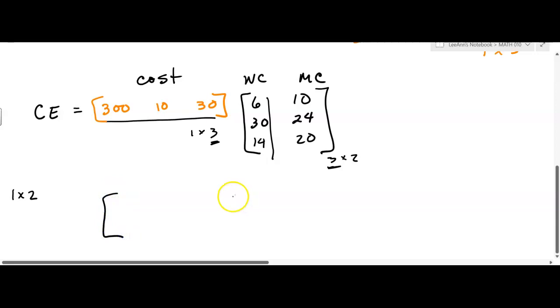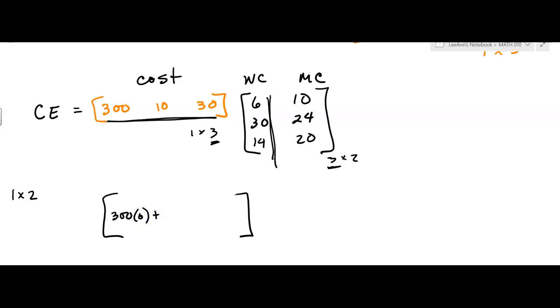We're going to take the cost times the Wildcats. That's 300 times 6, plus 10 times 30, plus 30 times 14. I need a bigger matrix if I'm going to write this all out.